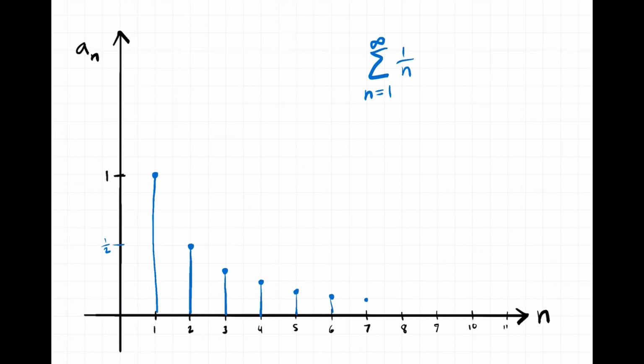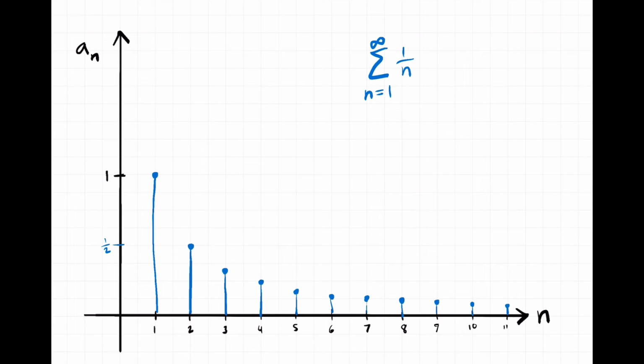Then 1/7, then 1/8, 1/9, 1/10, 1/11, and so on. Our terms always have a height of greater than 0, but they are getting smaller and smaller and approaching 0. And if we keep graphing this, if we keep moving off to the right, your little pieces are going to get closer and closer and closer to that horizontal axis. Now this is the graph of the individual terms.